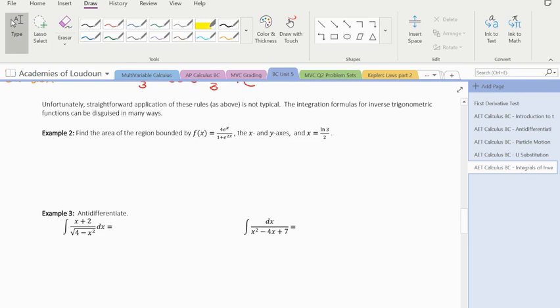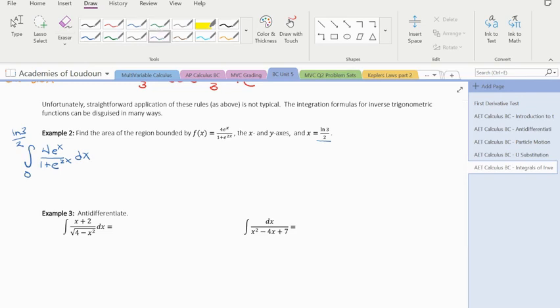For example, in example 2, if we have the area of the region bound by f of x is 4e to the x over 1 plus e to the 2x, the x and y axis, and x is equal to the natural log of 3 over 2, we need to set this up as the integral from 0 to our upper bound of the natural log of 3 over 2 of this function, 4e to the x over 1 plus e to the 2x dx.